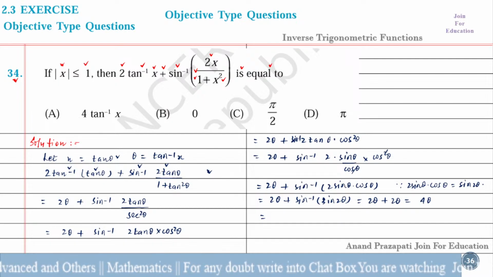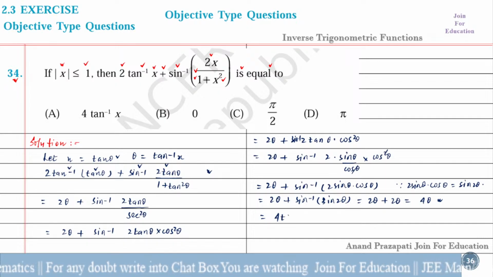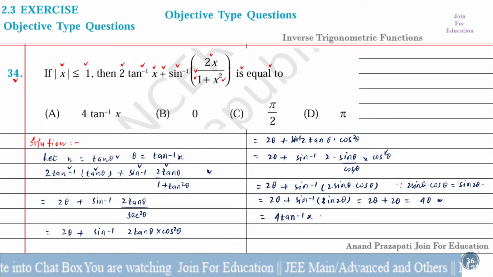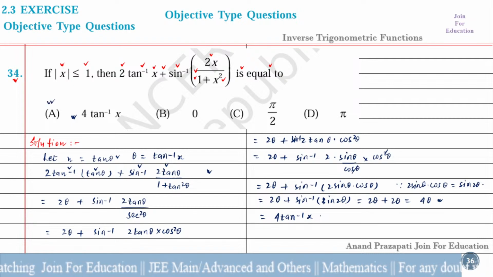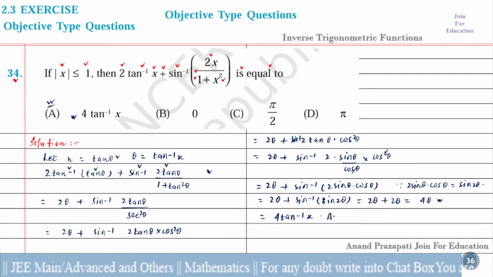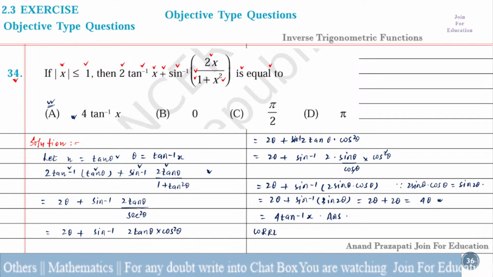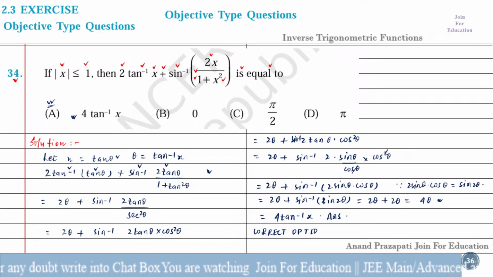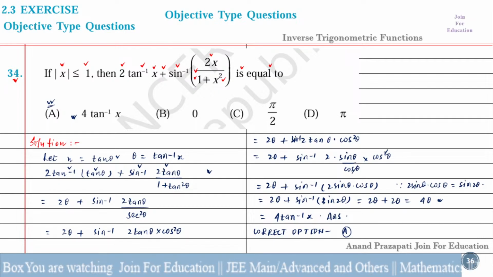So now putting the value of theta here, we get 4 tan inverse x. 4 tan inverse x is in option A. So the correct option of this question is A, and the answer of this question is 4 tan inverse x. So we write down here the correct option, which is A.